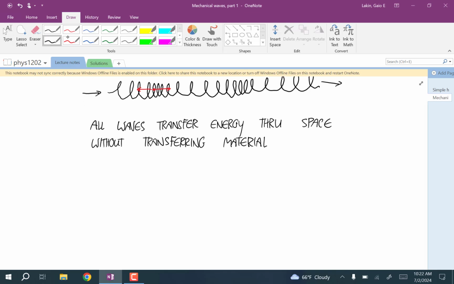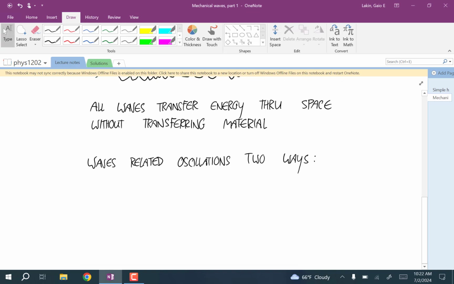Waves are related to oscillations in two ways. This is why I talked about oscillations first before going into waves. First, waves are caused by an oscillation. You know, in order to make a wave move along a slinky, you have to oscillate your hand back and forth.